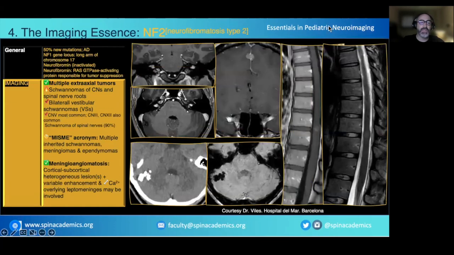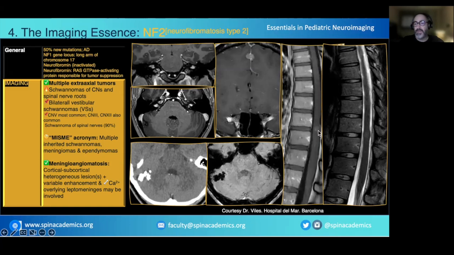Another case of NF2, courtesy of Dr. Villes from Hospital del Mar. And the same, you can see here more tiny lesions of the vestibular nerves, a small meningioma, and this condition, these calcifications of the cerebral hemispheres, which is called meningioangiomatosis, cortical-subcortical heterogeneous lesions with variable enhancement and calcified overlying leptomeninges, and that's the term meningioangiomatosis, very typical of NF2.